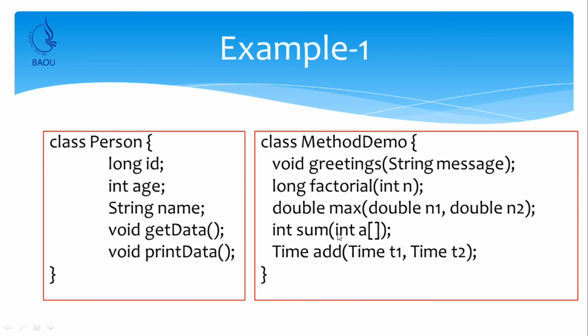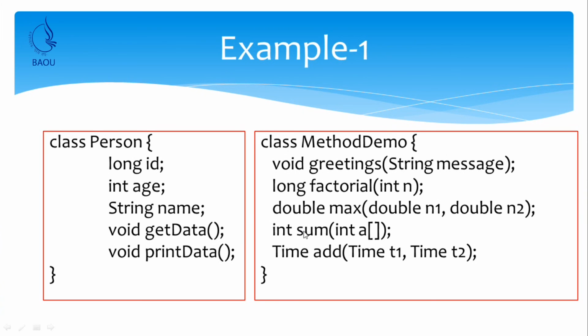Here an integer array is the argument and the sum of all elements is returned by this method, and the return type is integer. You can have long also, it depends on your data. If your data is very large, some may be outside the range of integers. So, at that time you can also take long as a return type.